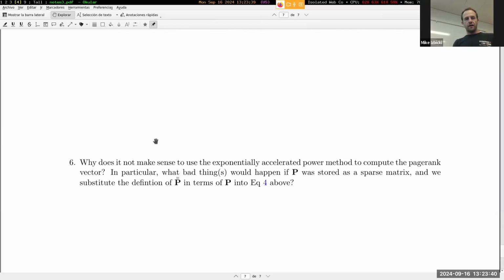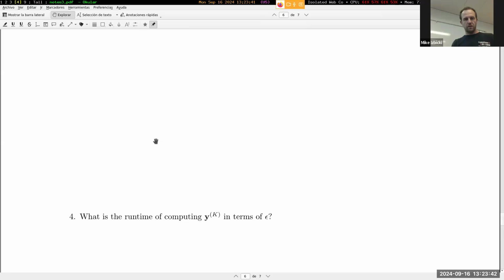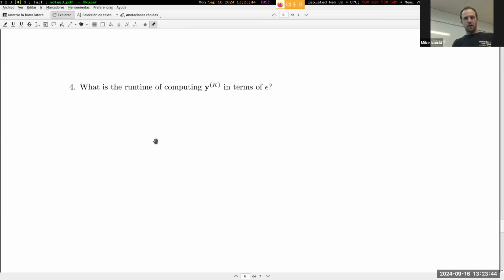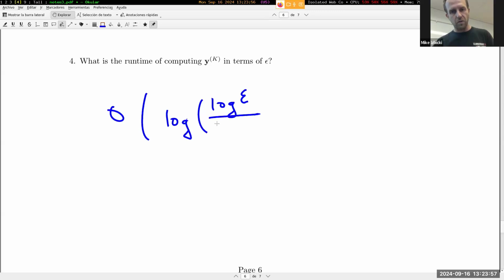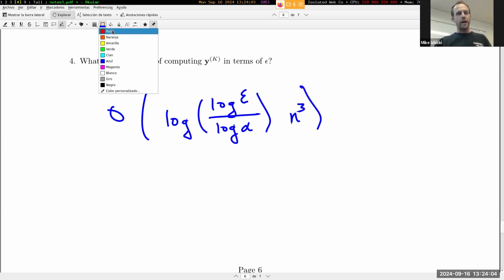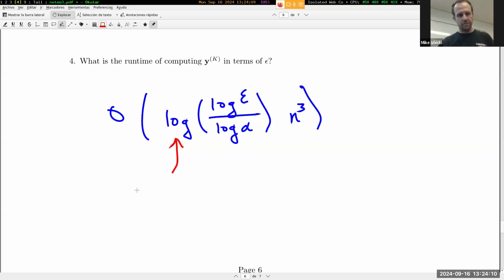At the very end, the final runtime over here, part 4, is going to be O of, now there will be two logs, log of log epsilon over log alpha times n cubed. The reason this method is called exponentially accelerated is that this log right here is the exponential acceleration.